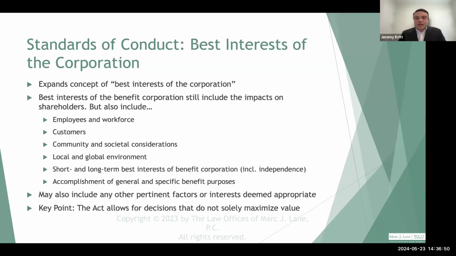So what these standards of conduct do is, first of all, they essentially expand the concept of what it means to be in the best interests of the corporation. As I'm sure you're starting to see the common theme here, the best interests of the benefit corporation of course include the impact on shareholders of any corporate action or decision.